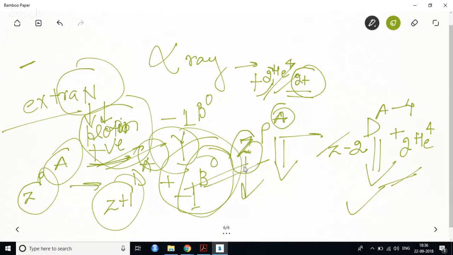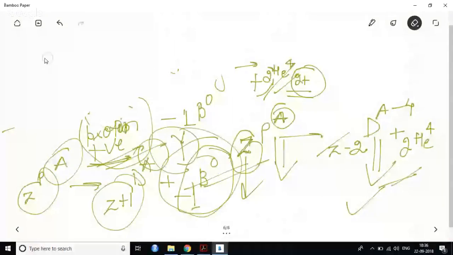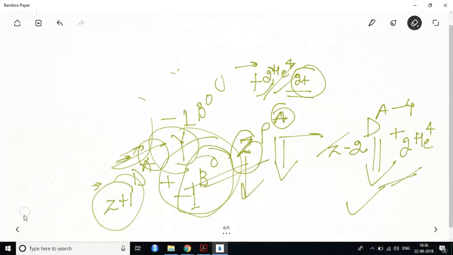Now let me move to, so there is also one concept of radioactive series. I will explain it in 2 to 3 lines, nothing more than that. What do I mean by radioactive series? Radioactive series means that whenever an unstable atom is self disintegrating, that parent nucleus will get converted into a daughter nucleus.